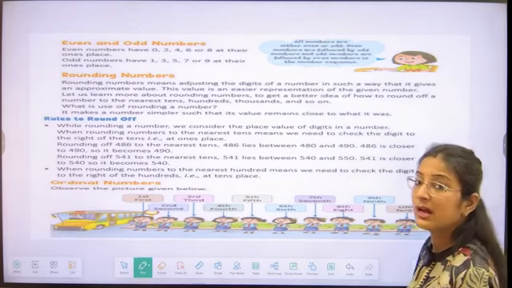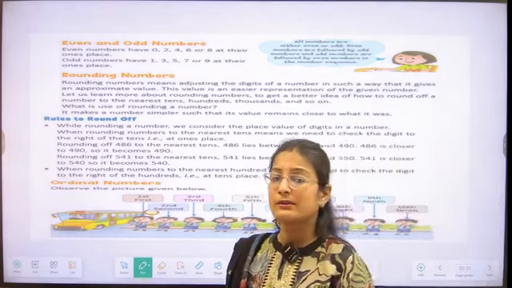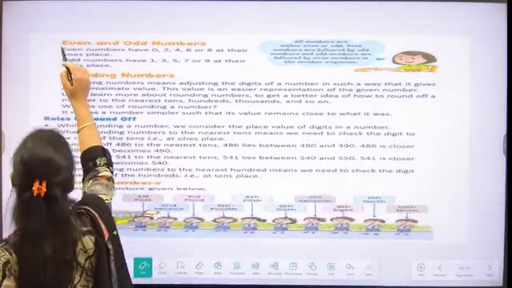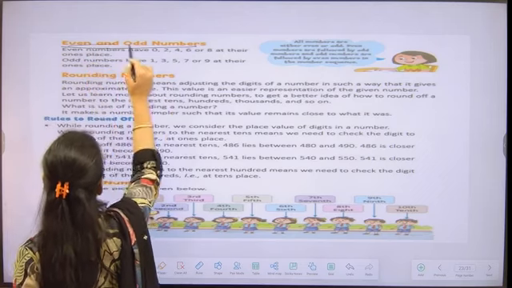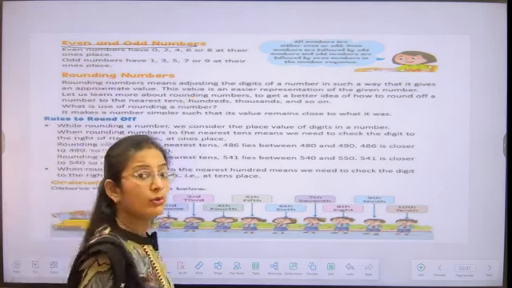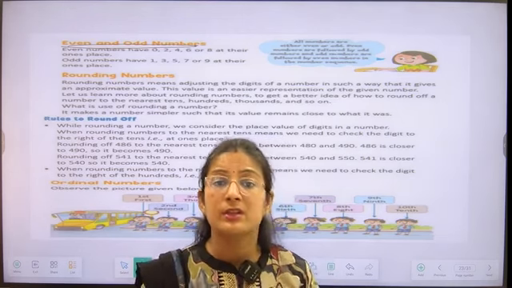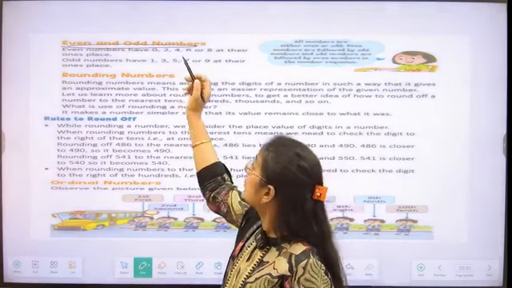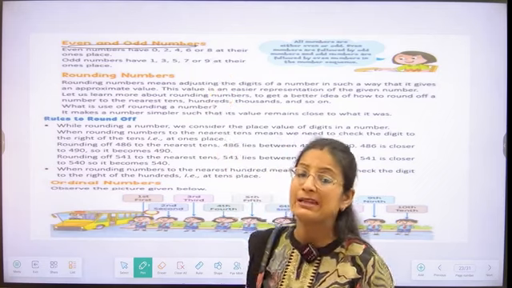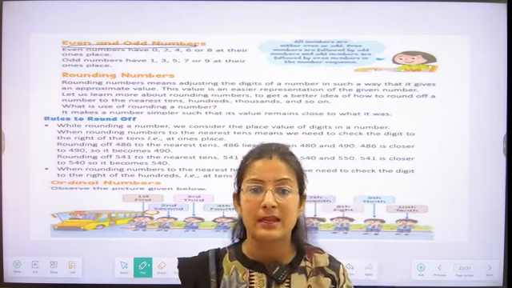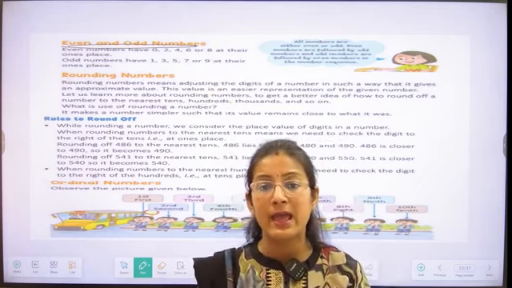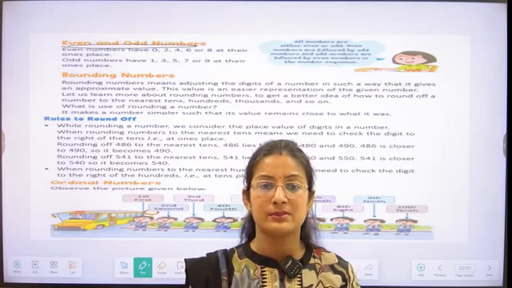Now we are going to understand how we can find even numbers and odd numbers, students. The numbers which end with 0, 2, 4, 6 or 8 at the ones place are called even numbers.